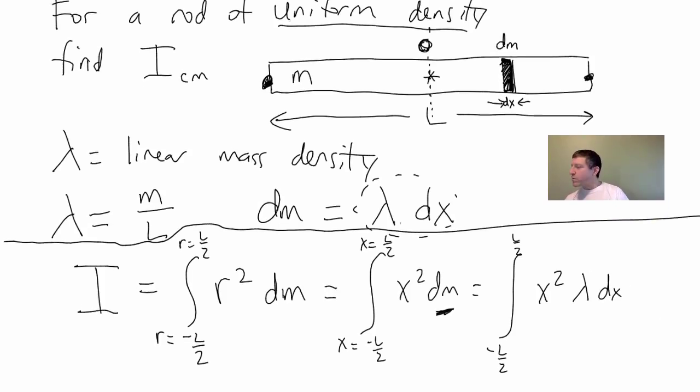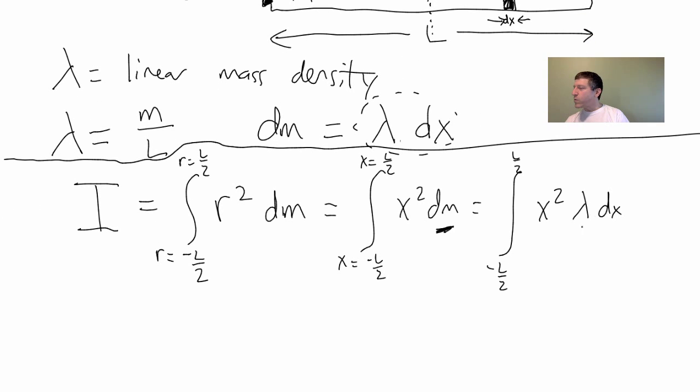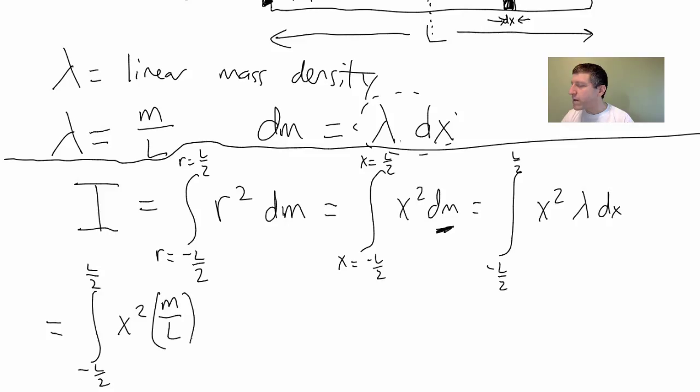Lambda we know, as we said before, is M over L. That's lambda, however many kilograms per unit length, that's a constant. And then it's going to be dx. So I can just take out that M over L as a constant, and then I'm going to integrate x squared dx.